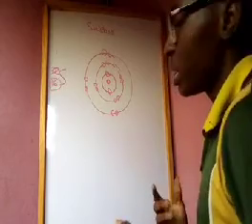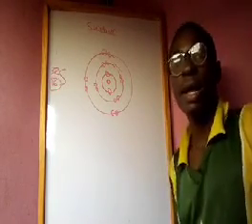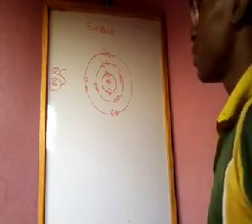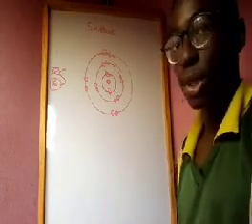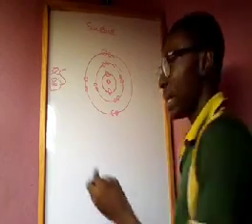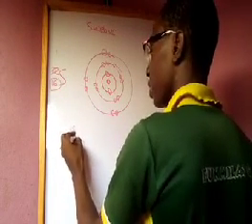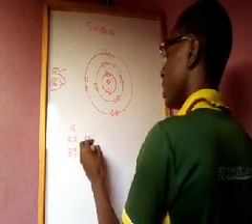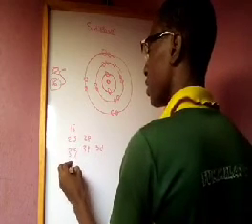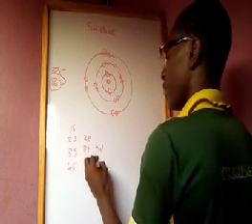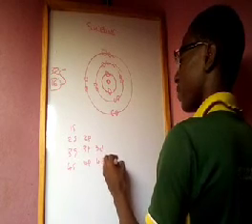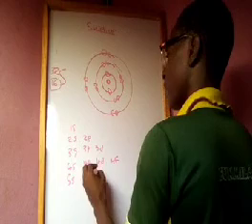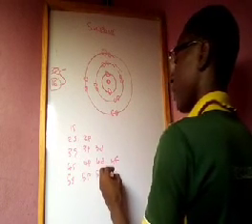And then you can also draw the electronic configuration according to the electron orbitals, basically in terms of the subshells or the suborbitals. Now that's when you make use of your 1s, 2s, 2p, 3s, 3p, 3d, 4s, 4p, 4d, 4f, 5s, 5p, 5d, 5f, and so on and so forth.